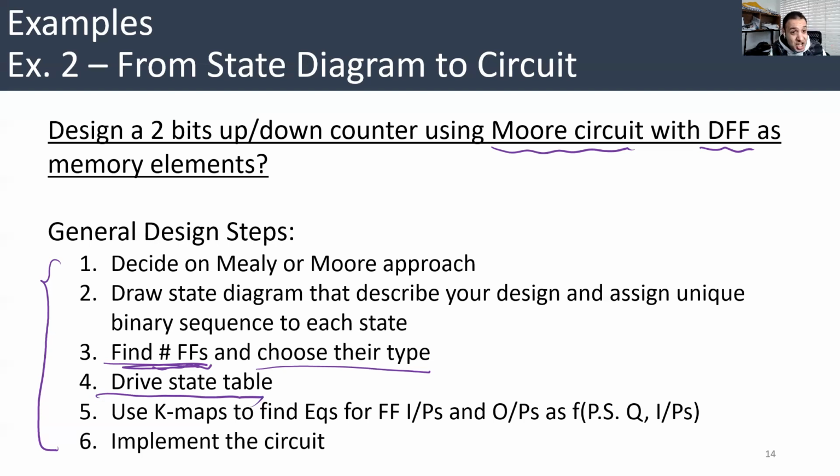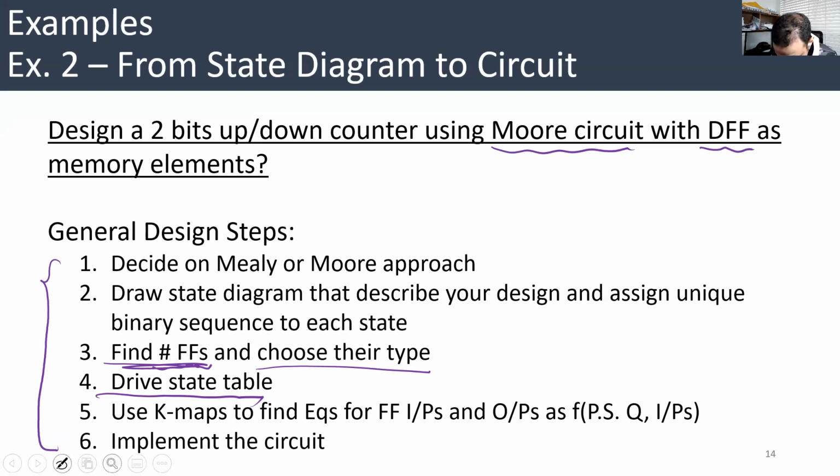Once you have the equations out of the Karnaugh maps, you can implement. Then you know that you need, for example, 2 D flip-flops, or 1 T flip-flop, based on the design. You know you're going to need an AND gate here, an OR gate here, an XOR, all such stuff, based on just the equations. Then you can build the circuit by connecting the wires and the modules together.